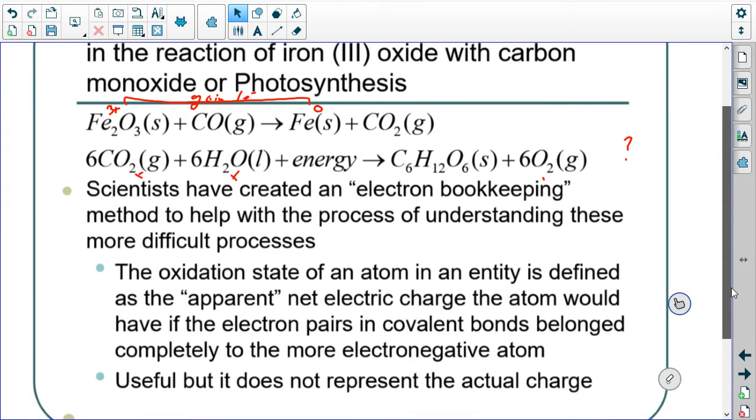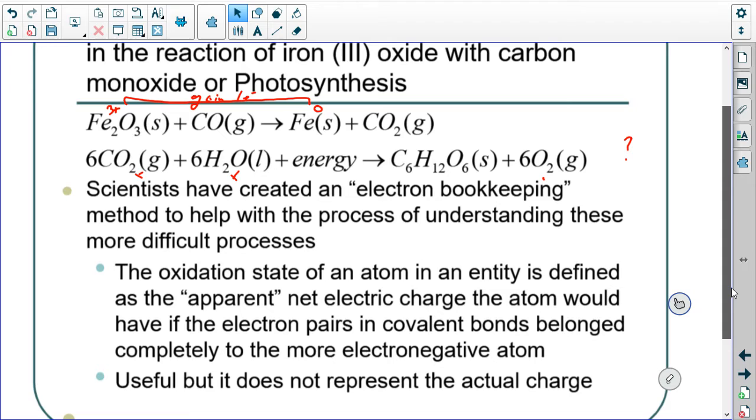So what other scientists came up with to make life easier is what is called the idea of oxidation numbers. It is not what is actually happening, because carbon doesn't get a charge, and lots of other things don't either, but it is useful for our process.